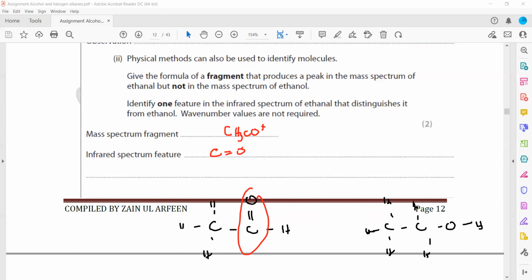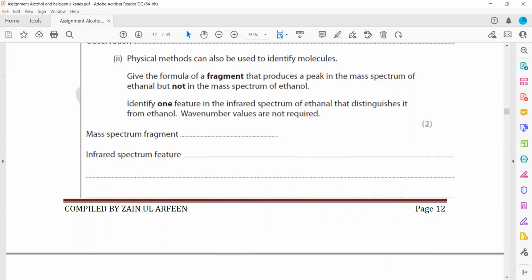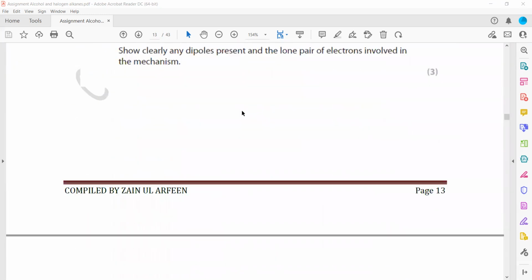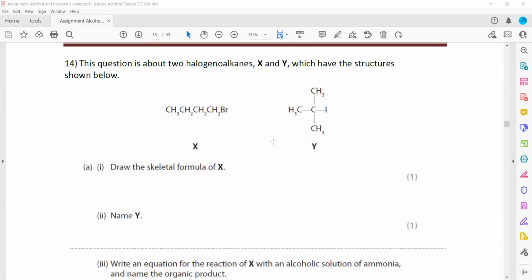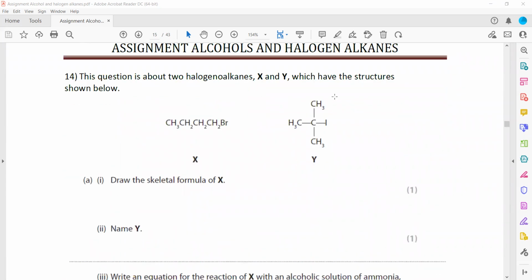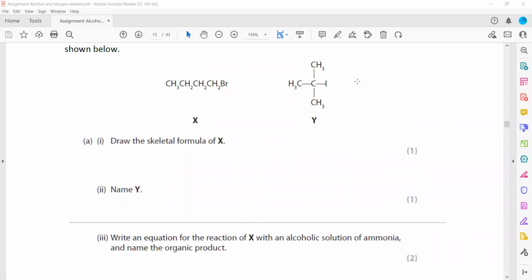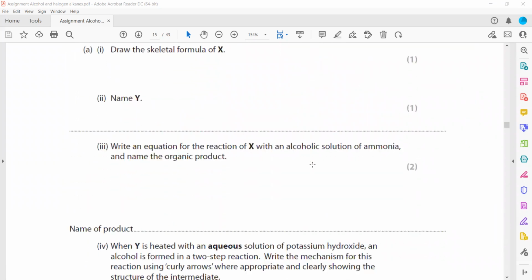Then the next question is question 14A3. This question is about two halogenoalkanes. One is a primary halogenoalkane, another one is a tertiary. Draw a skeletal formula, then naming is there.